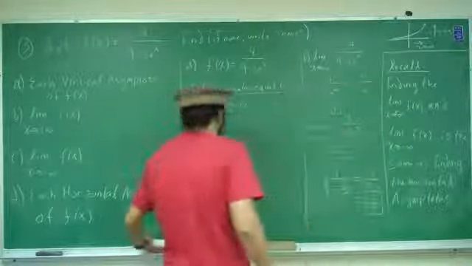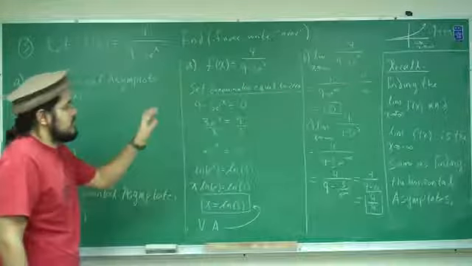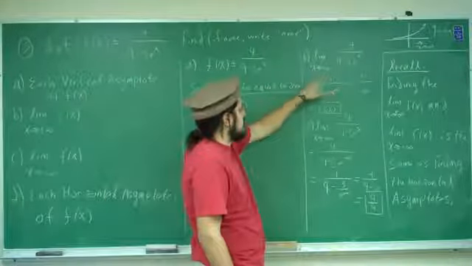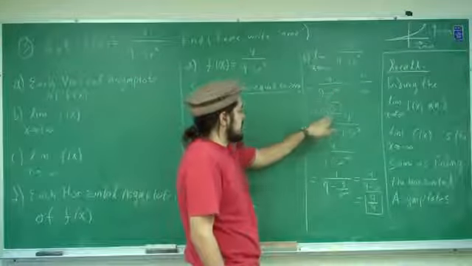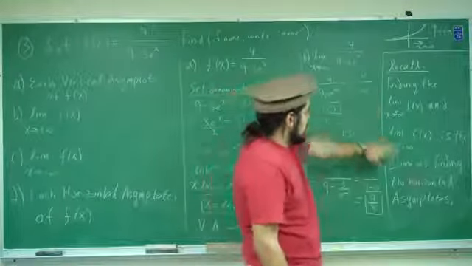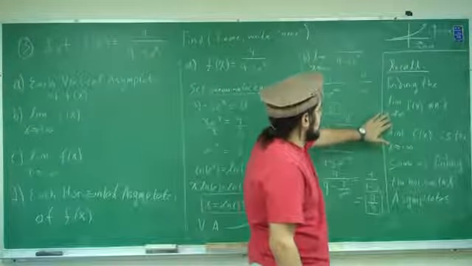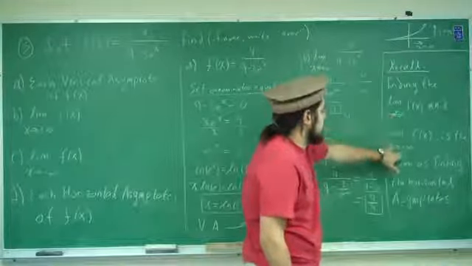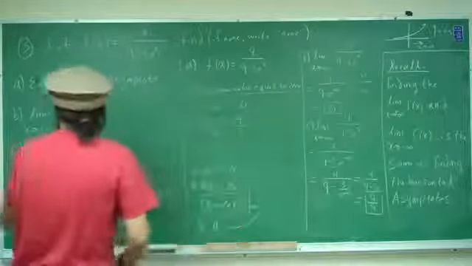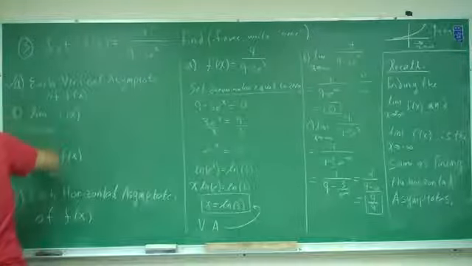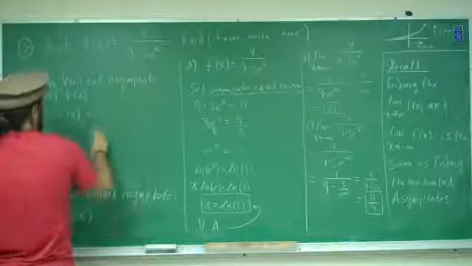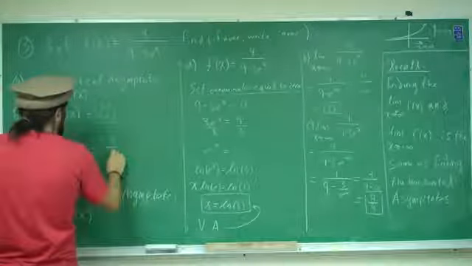So we found the limit as x is approaching positive infinity and as x is approaching negative infinity. We got 0, and 4 over 9. But we know that to find the horizontal asymptotes, we just need to take x to positive infinity and x to negative infinity, and we already did that. So for part D, we got A, B, and C, and we obtained 0 and 4 over 9.